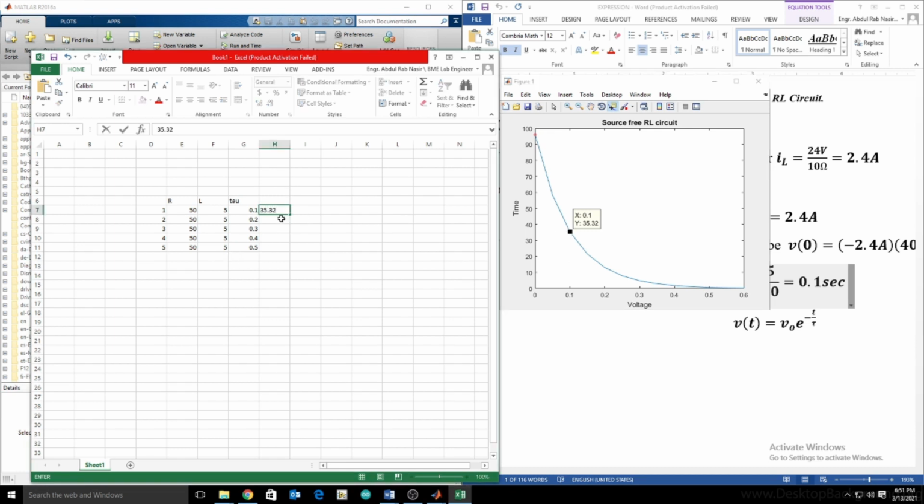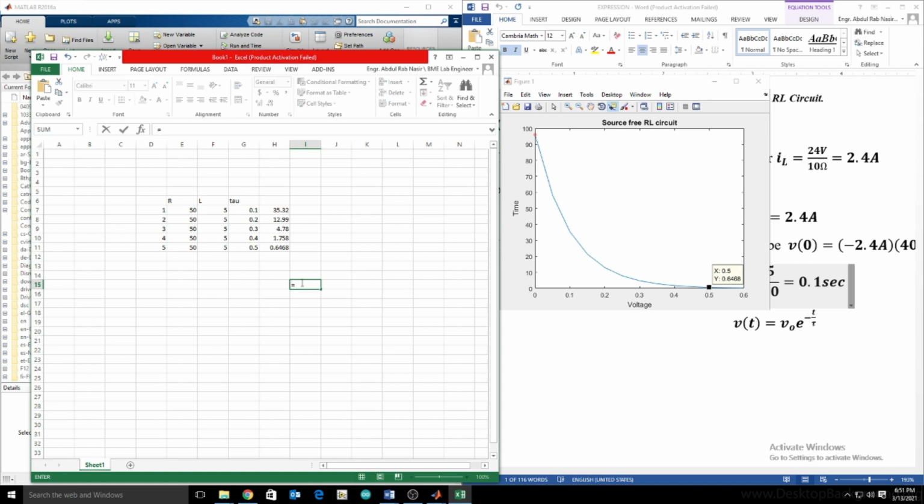At 2 tau it's 12.99. At 3 tau it's 4.78. At 4 tau it's 1.758, and at 5 tau it's 0.6468.